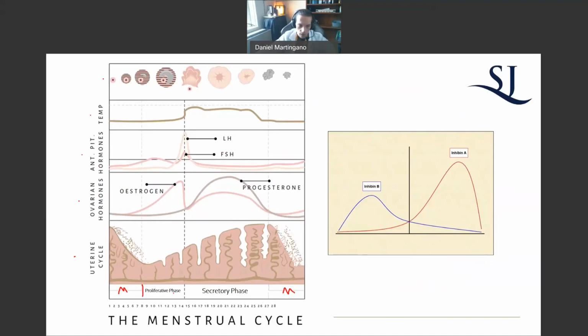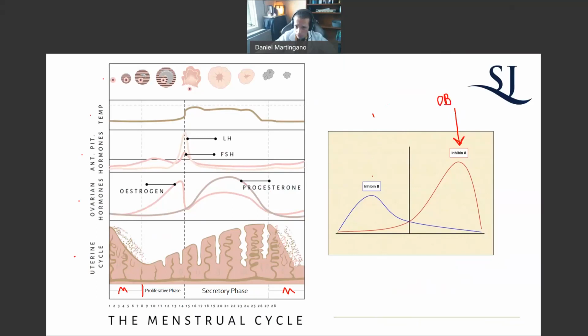So your first phase is your proliferative phase because your lining is growing, so it's proliferating. And then the second is the secretory phase because that's where you're basically secreting your progesterone. And if you're pregnant, this continues. Inhibin B and A are here too. Inhibin A is the one that is in your genetic screening in your obstetrical patients.